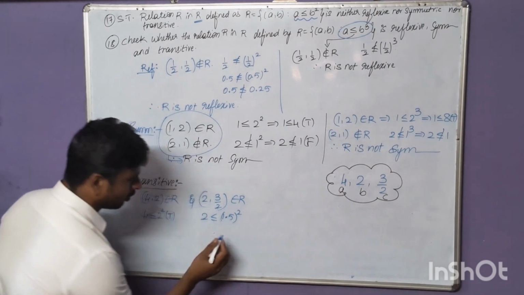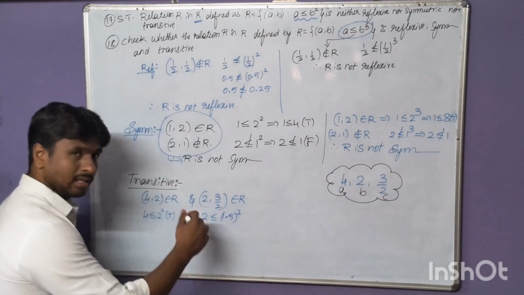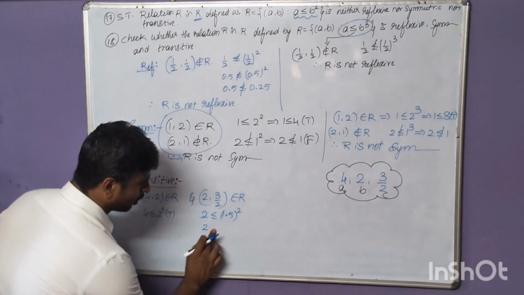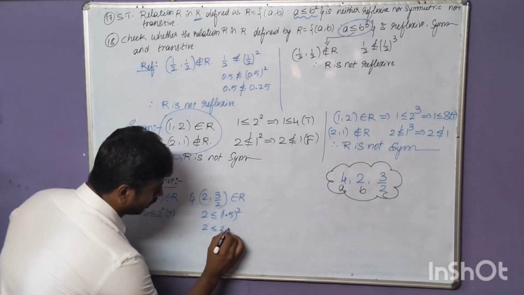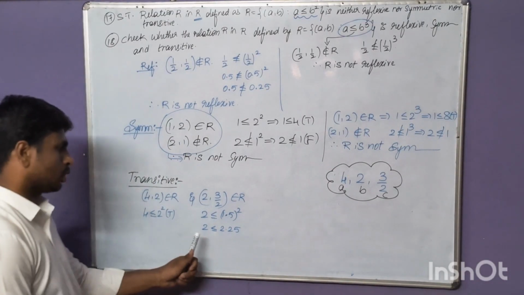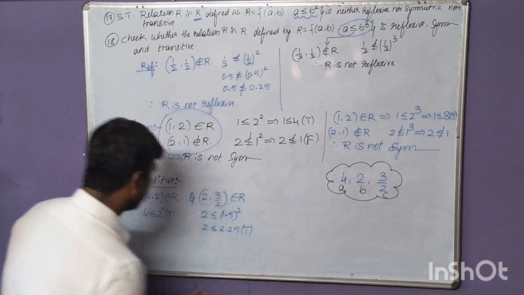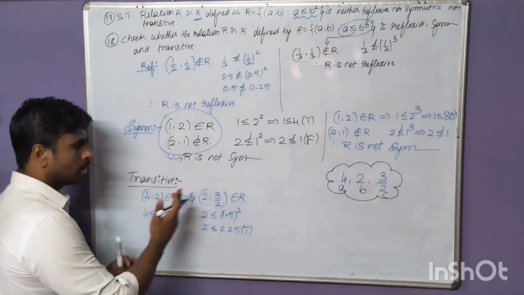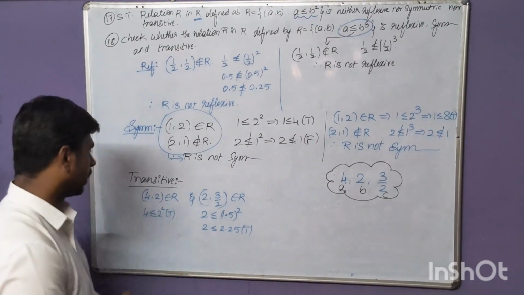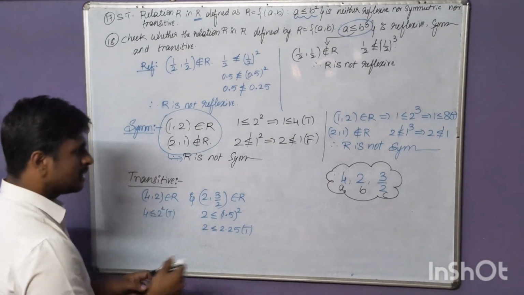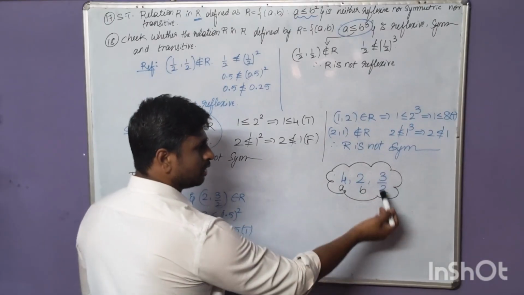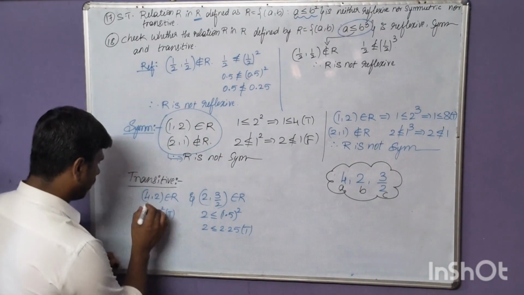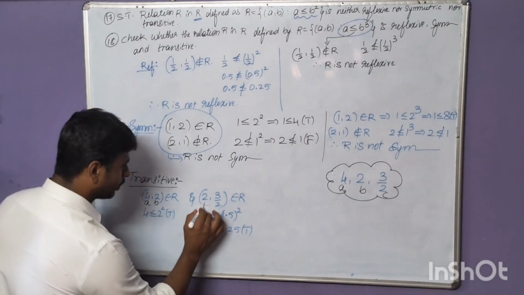You should know the value of 1.5 the whole square, then only you will know whether 2 is really less than or equal to 1.5 the whole square or not. The value of 1.5 the whole square is 2.25, which is true. 2 is less than or equal to 2.25. This is also true. That means we can say that (4, 2) and (2, 3/2) belong to R, which means here our A, B, C values are 4, 2, 3 by 2 respectively. We have (A, B) and (B, C).